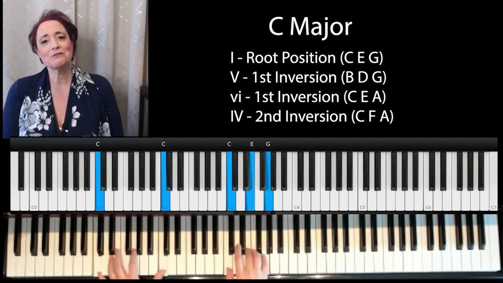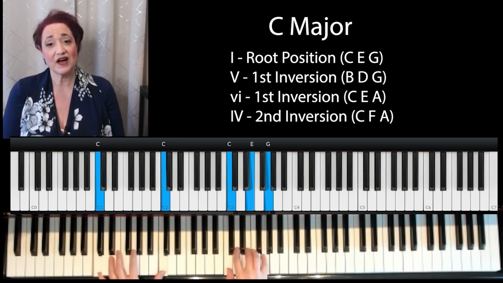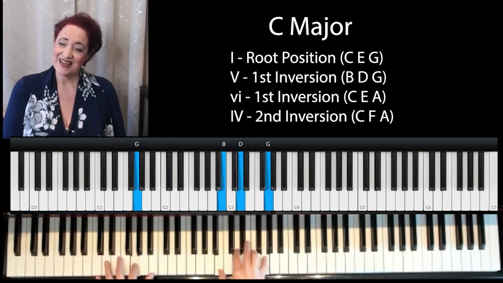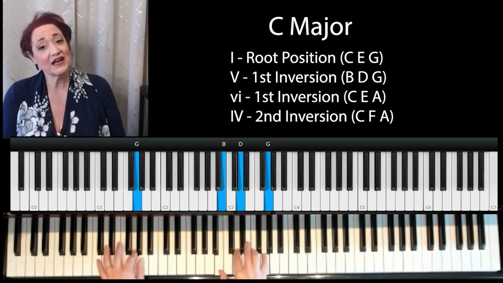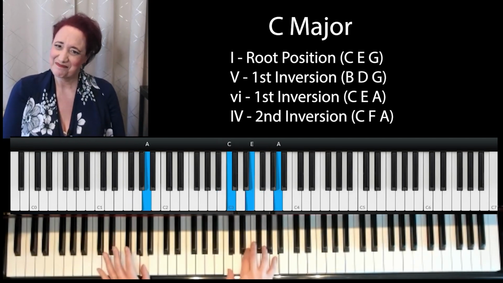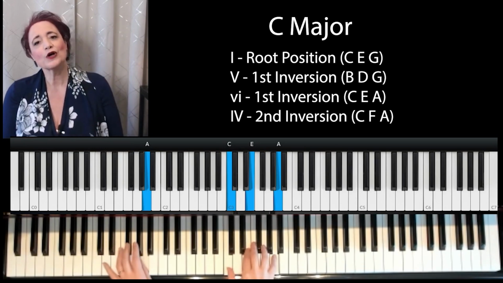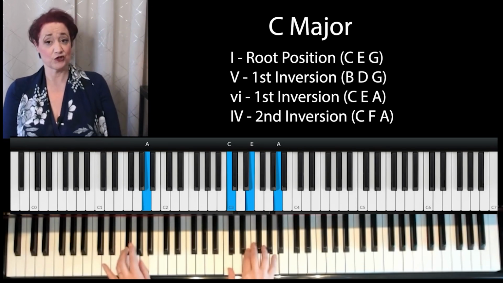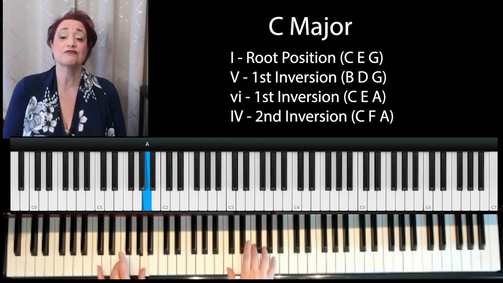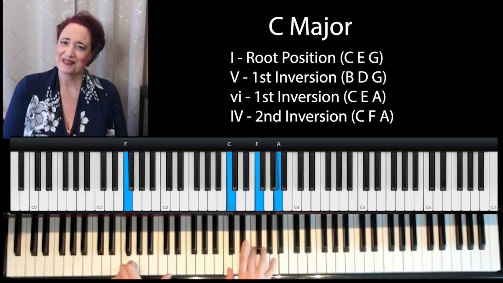Then we're going to play the G major chord, which is the 5 chord, in first inversion. Then the A minor chord, which is the 6th chord, also in first inversion. And then the F major chord, which is the 4 chord, in second inversion.